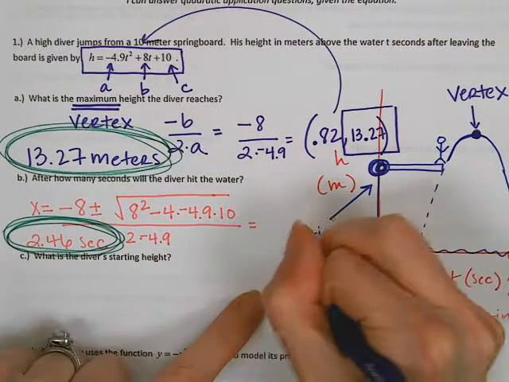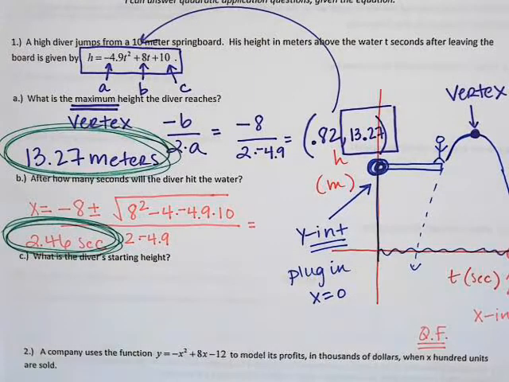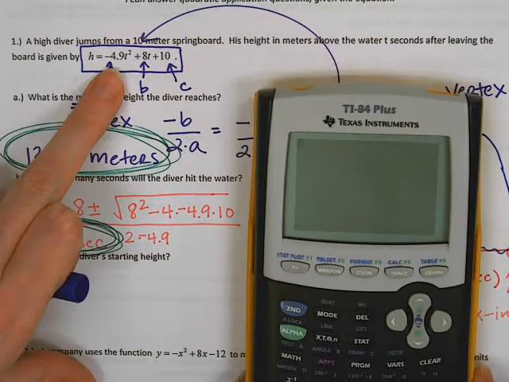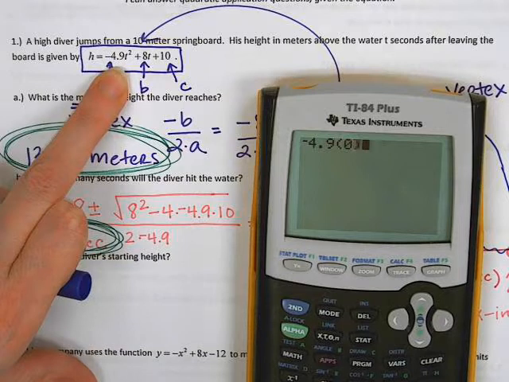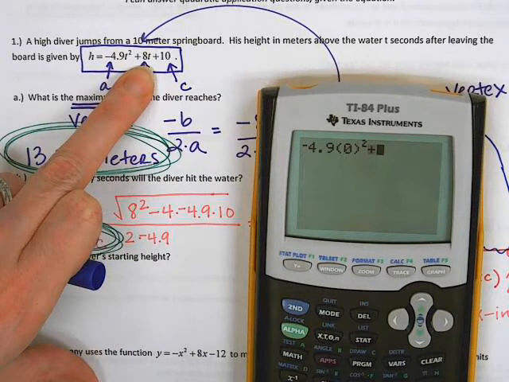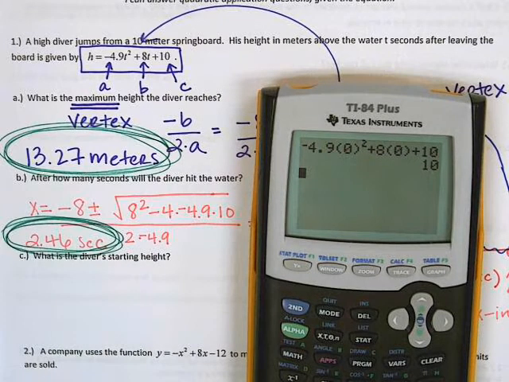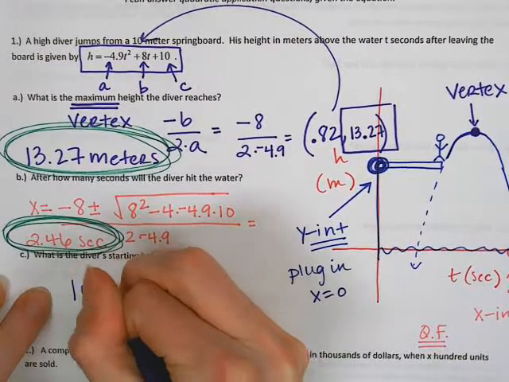Remember, you plug in x is 0. All right, so let's do that. In this problem, it's t, so everywhere you see a t, you're going to plug in 0. And you get 10. So this one is 10 meters.